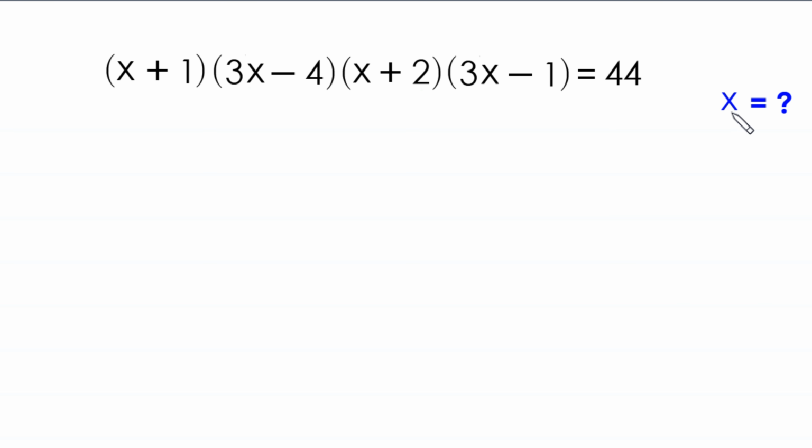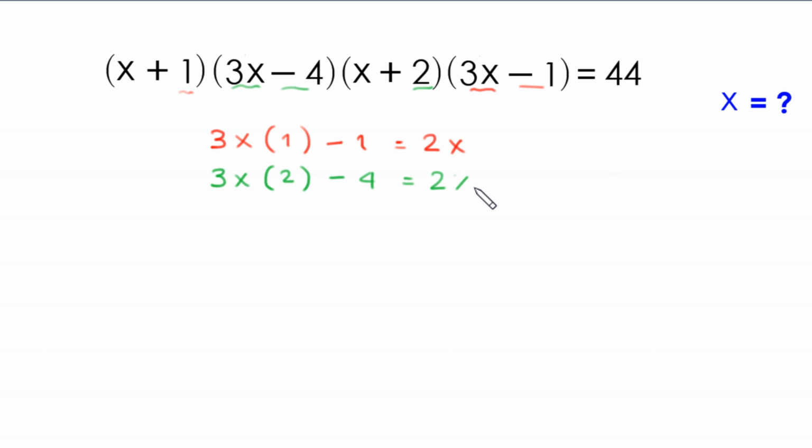So let's start. If we multiply 3 times x by 1 and subtract the 1 from minus 1, we get 2x. And if we multiply 3x by 2 and subtract 4 from minus 4, we get 2x.